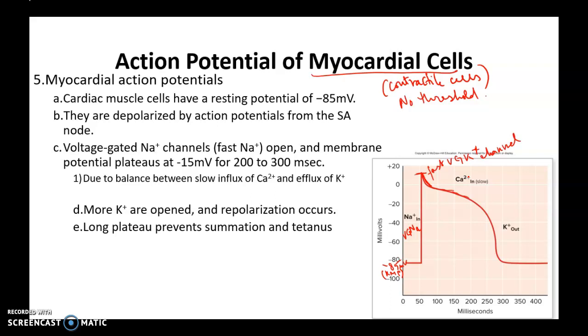And this plateaus at -15 millivolts, and it continues for about 200 to 300 milliseconds. At this point, the voltage-gated calcium channels close and the voltage-gated potassium channels open, and potassium leaves the cell, leading to repolarization.